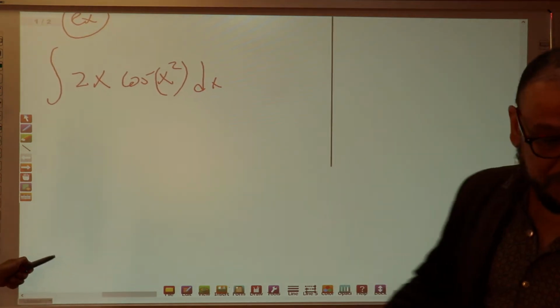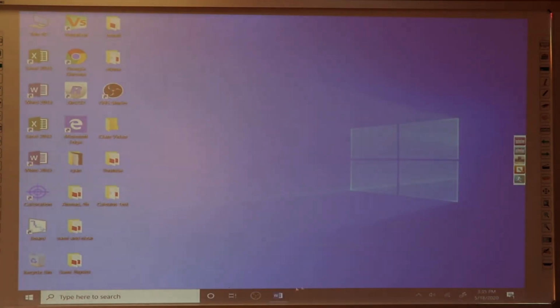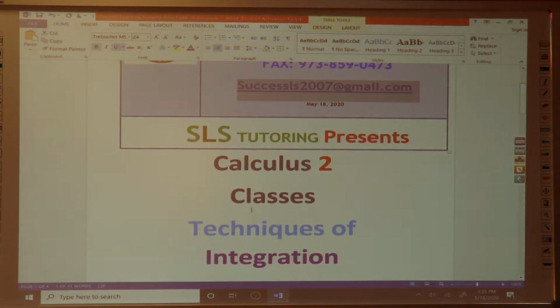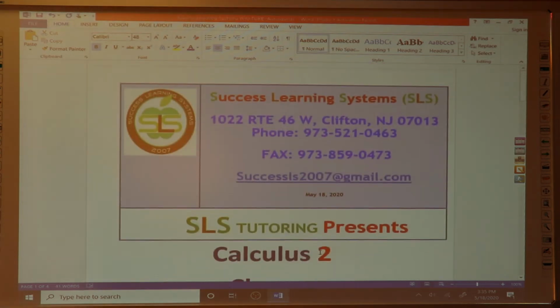Ismail, can I have something before you start? Okay guys, this is the calculus 2 class, techniques of integration, and now we have class 2. We should start this from the beginning, but because we have 2 classes, we need to connect the ideas together, right, Ismail?